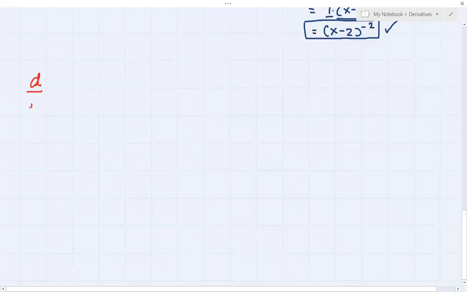So, for example, kunwari, kunin natin yung derivative nito. Ito x minus 2 raised to 4 all over, let's just say, cube ng x squared minus 4x plus 4. Okay?